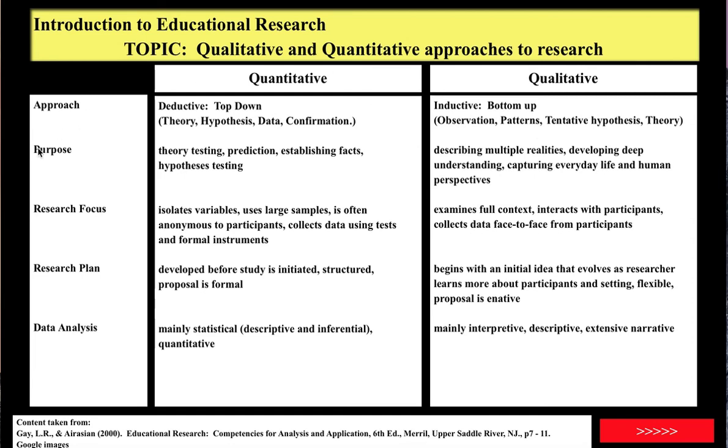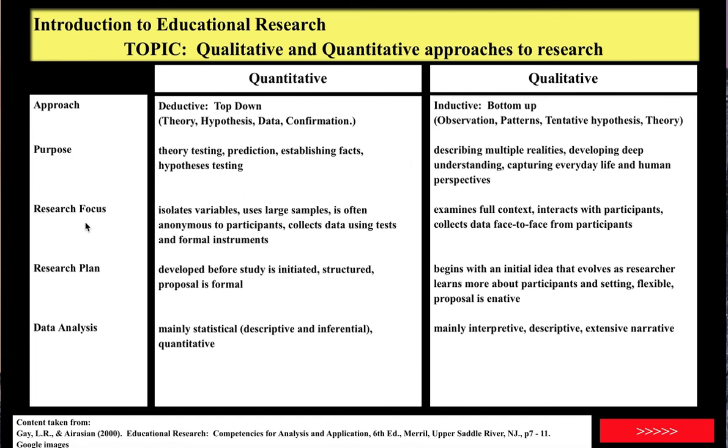Okay, so now back to let's look at the purpose. The purpose of quantitative is theory testing, prediction, establishing facts, and hypothesis testing. The purpose of qualitative is describing multiple realities, developing deep understanding, capturing everyday life and human perspectives. So it's a very, very different purpose here.